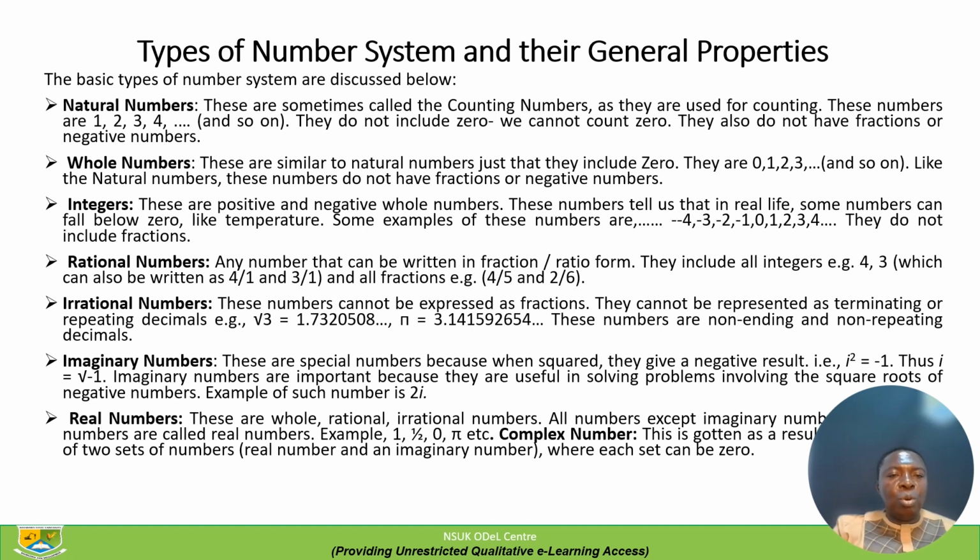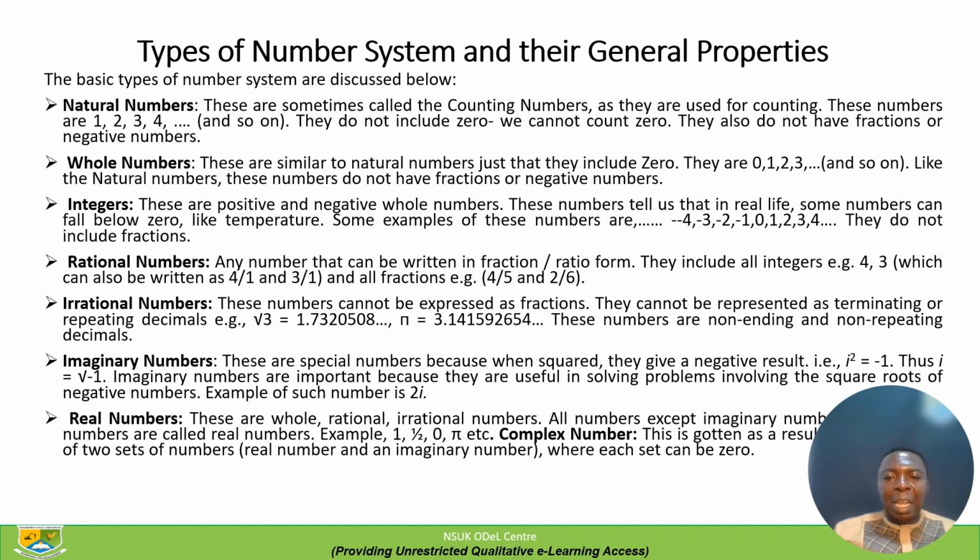2. Whole numbers. These are similar to natural numbers, just that they include zero. We call it a whole number. They are 0, 1, 2, 3, and so on. Like the natural numbers, these numbers do not have fractions or negative numbers. 3. We have the integers. These are positive and negative whole numbers.